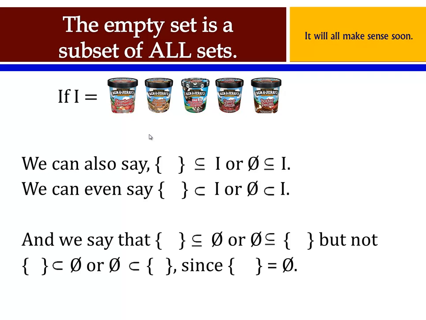So remember, proper subsets cannot be identical. Any proper subset has to have at least one element less than the original set in order to be a proper subset, because they cannot be identical. It has to have less elements.